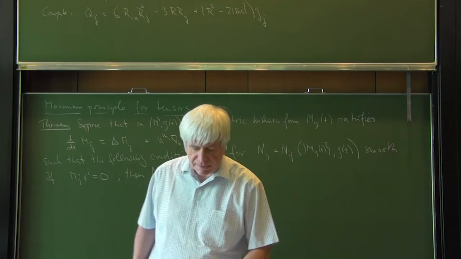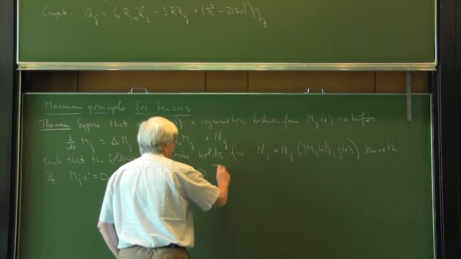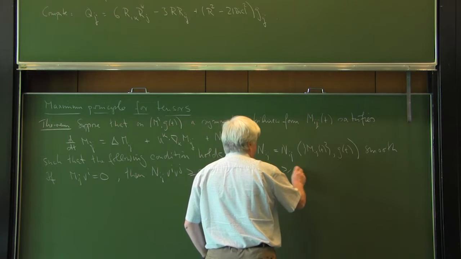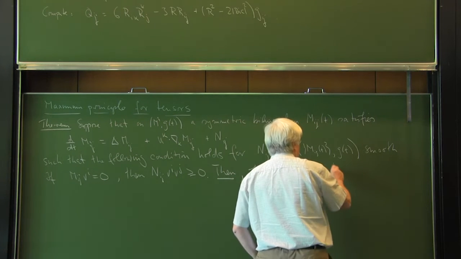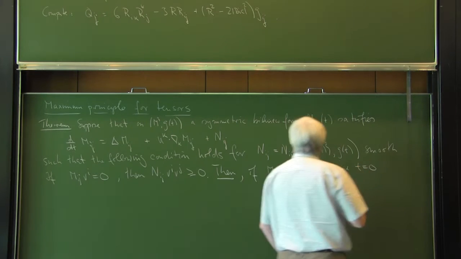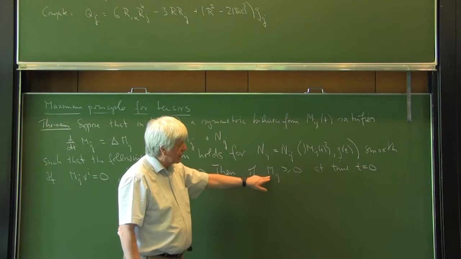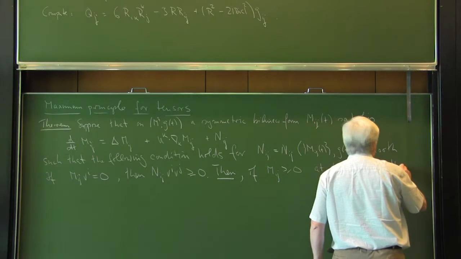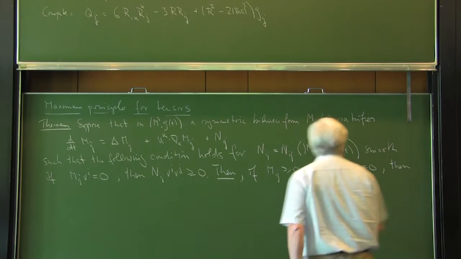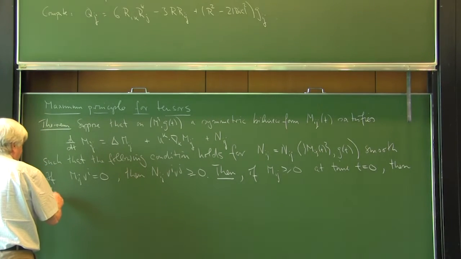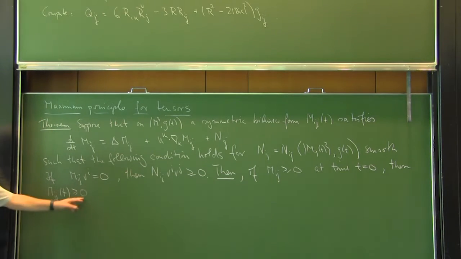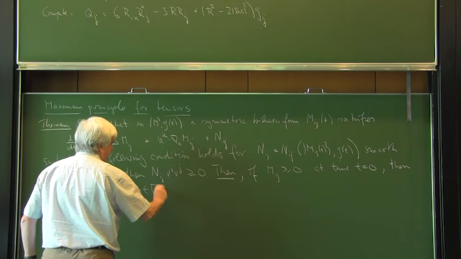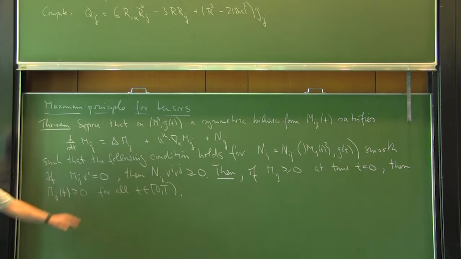And the conclusion of the theorem is then, if we have that Mij is greater or equal to 0 at time t equals 0, meaning that all the eigenvalues of the symmetric matrix everywhere on the manifold at time 0 are non-negative, then Mij of t remains a non-negative bilinear form for all t on the time interval where we consider the solution.